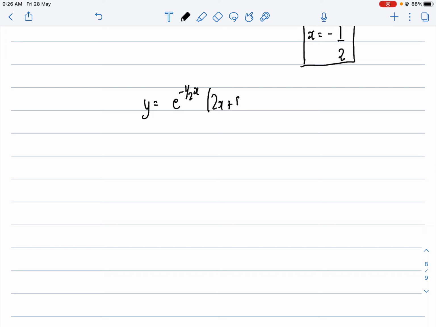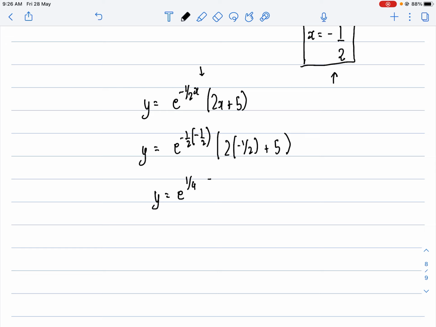Now if I put the value of x here in the place of x, I'll get my respective y value. So I can simply write this as e raised to minus half into minus half, into 2 into minus half plus 5. So y equals e raised to 1 by 4, and here I'll get minus 1 plus 5.